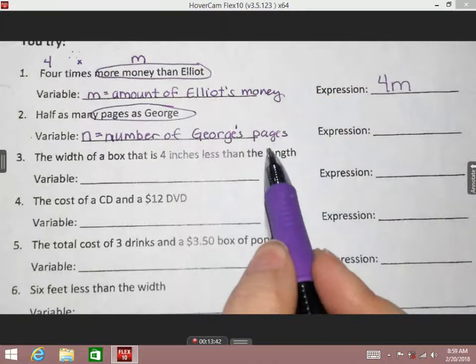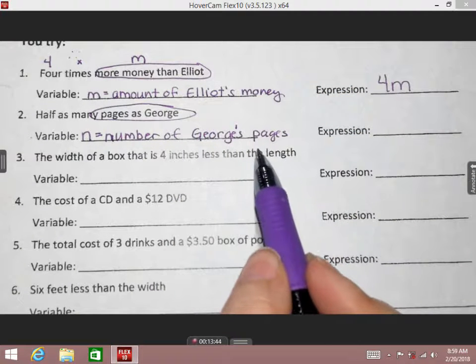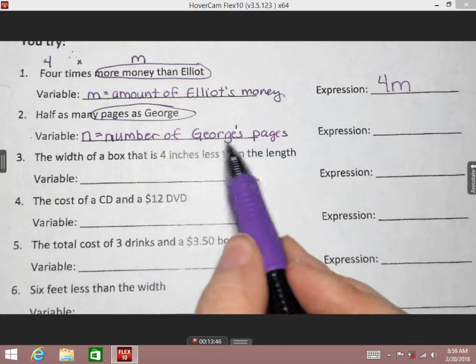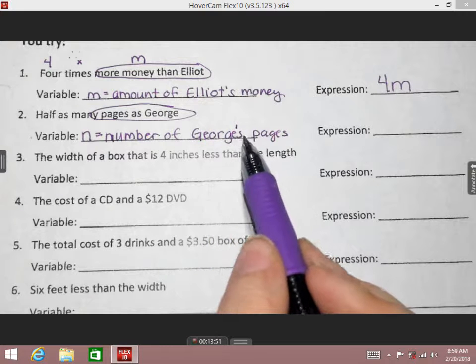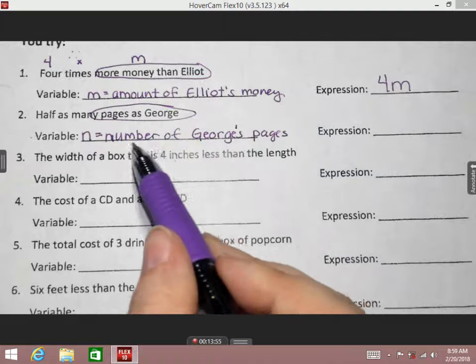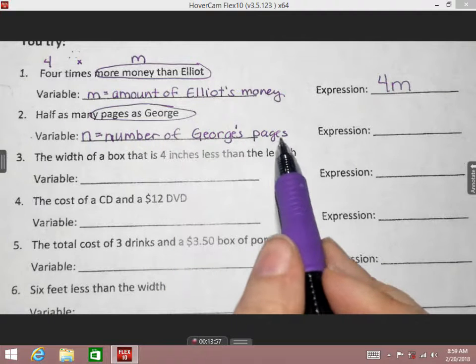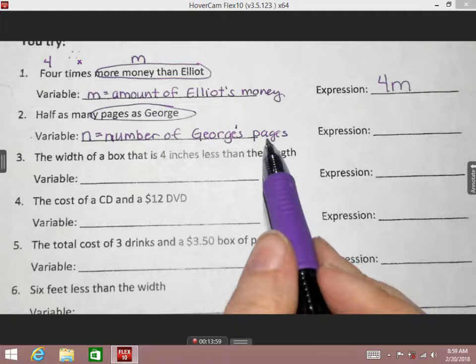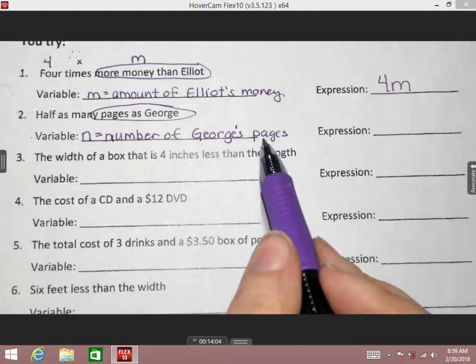If I say P equals pages, I don't want to just say P equals pages, because where did this page come from? George. So if you said P, I want P equals George's pages. If you said G, I want G equals George's pages. N, number of George's pages. Please remember, all of your variables need to be lowercase letters.